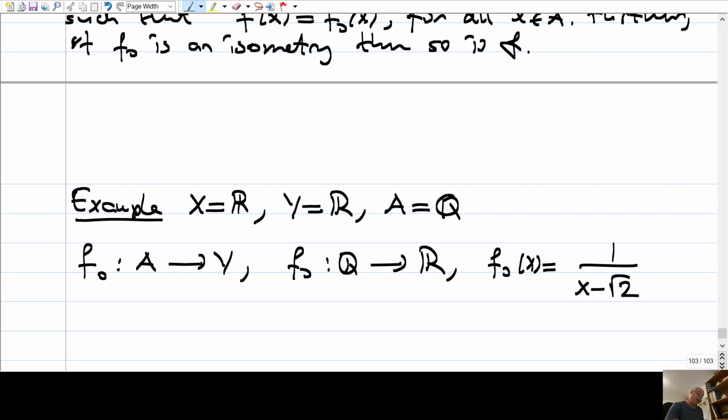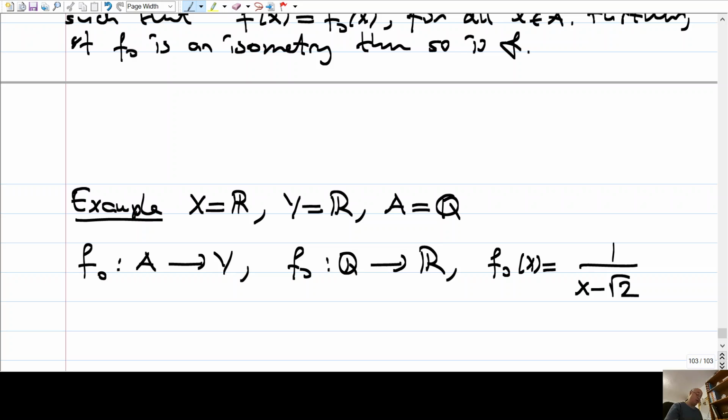This function is well defined. Why is that? Because the denominator is never 0. x is a rational number, so x minus root 2 is never 0. Therefore, this function is well defined.